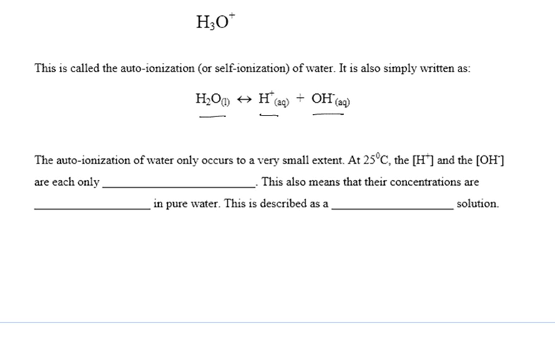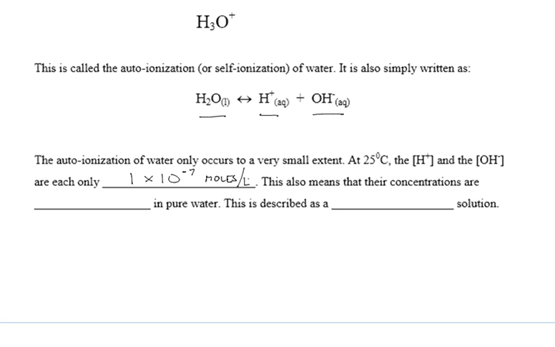The autoionization of water occurs only to a very small extent. At 25 degrees Celsius, the H plus concentration and hydroxide ion concentration are each only 1 times 10 to the minus 7th moles per liter. Very, very small.